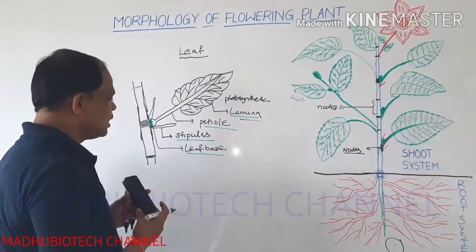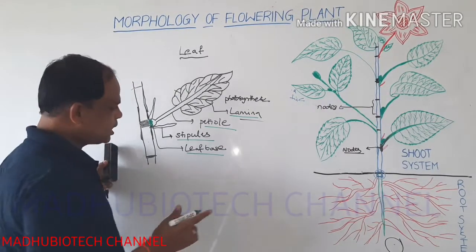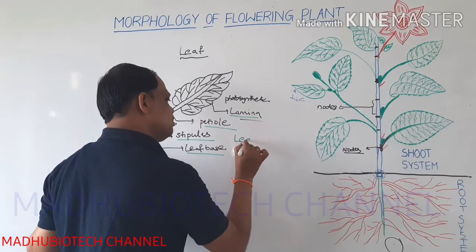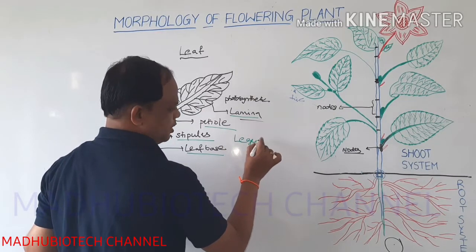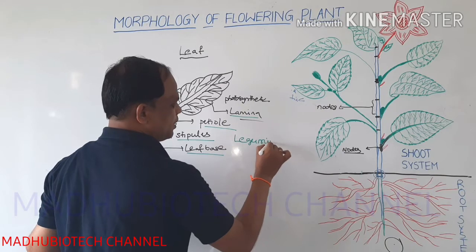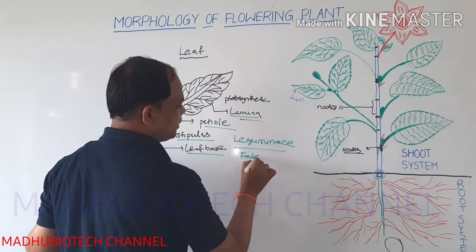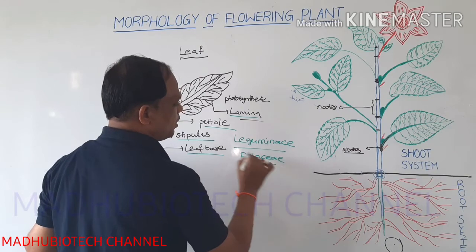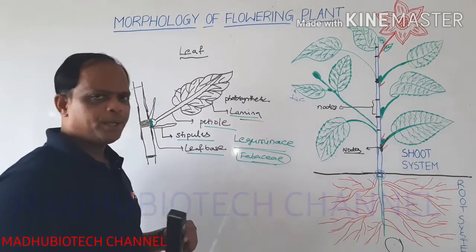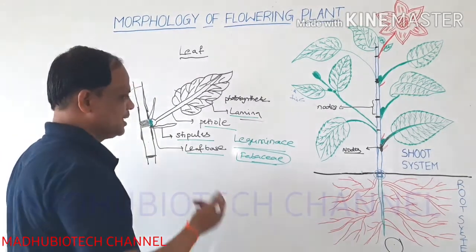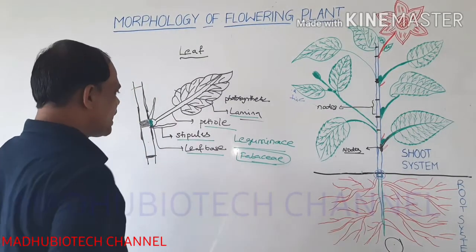So for example, in some dicotyledonous plants, the Fabaceae family or Leguminaceae family, we commonly see it in Dolichos lablab, beans. In that plant, a swollen structure is present at the leaf base.